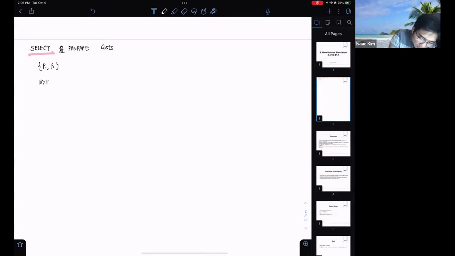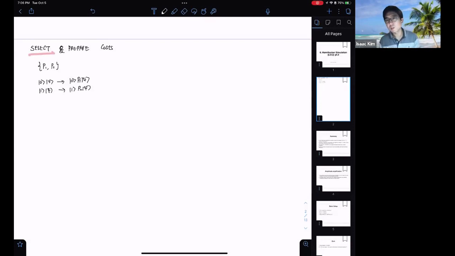So the 0 psi state applied to select will be this thing, and the 1 psi state will be mapped to this state. And importantly, P1 and P2 will be general n-qubit Pauli operators, so it could be a very highly non-local operator. And one way to implement this is the following.